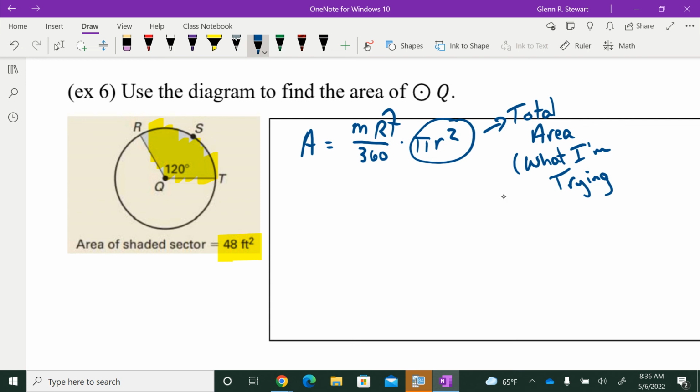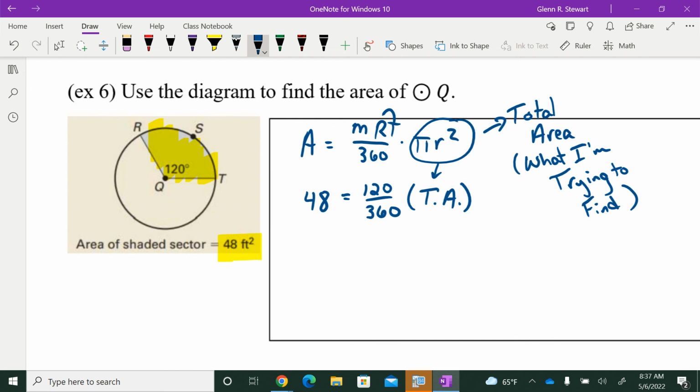So I might not need to find my radius in this case, because if I find that whole entire thing based on what I have, then I should be good. So this says here that 48 is what my shaded region would be, equal to 120 over 360 times my total area, TA. So now let's solve for my total area.